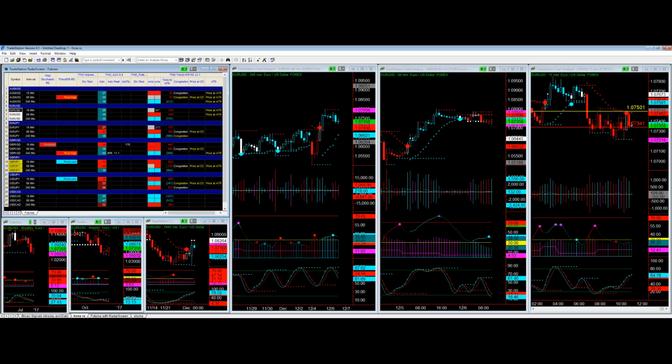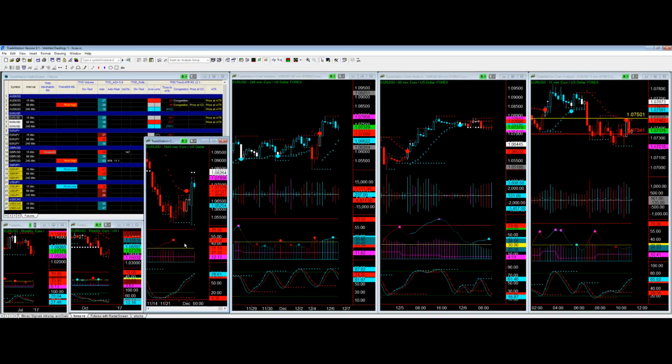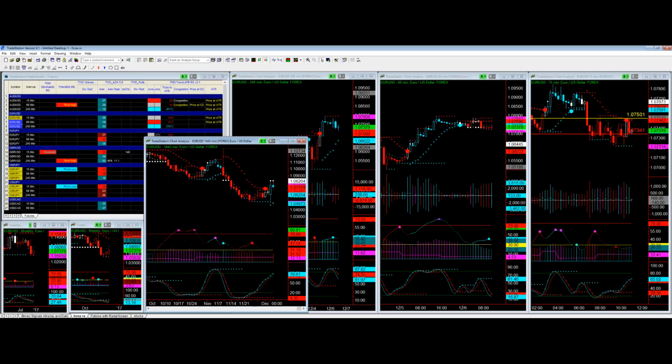So it's going to come down first and then probably go up. That would be my guess on that. Because you see how the daily is getting into an overbought state. And this is where this should come back and test this ATR.